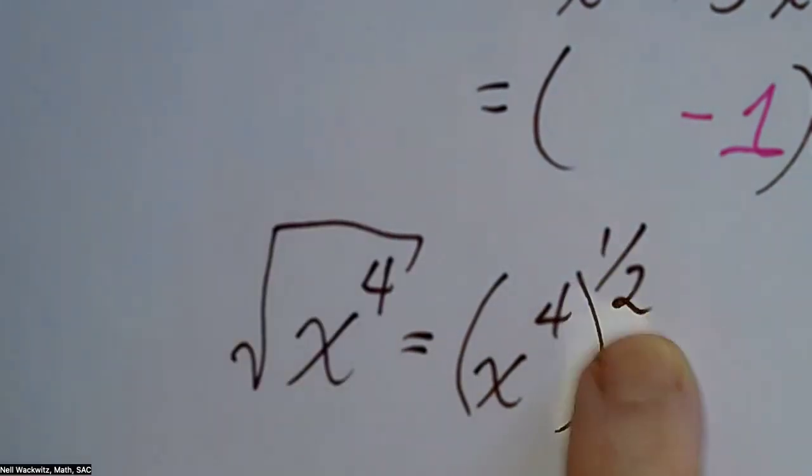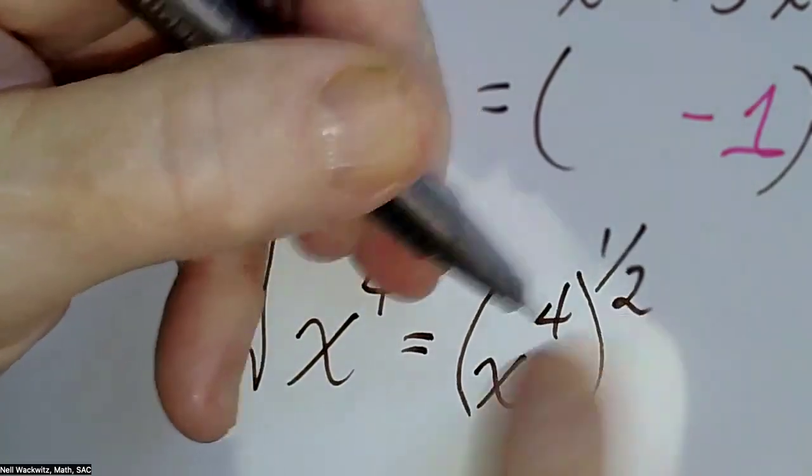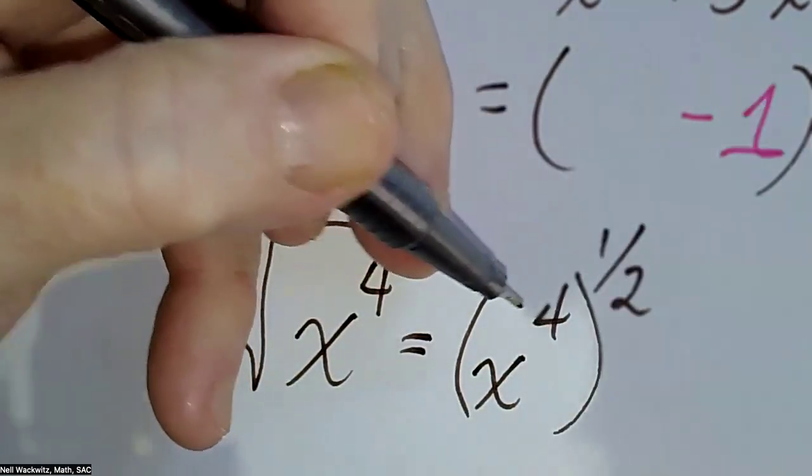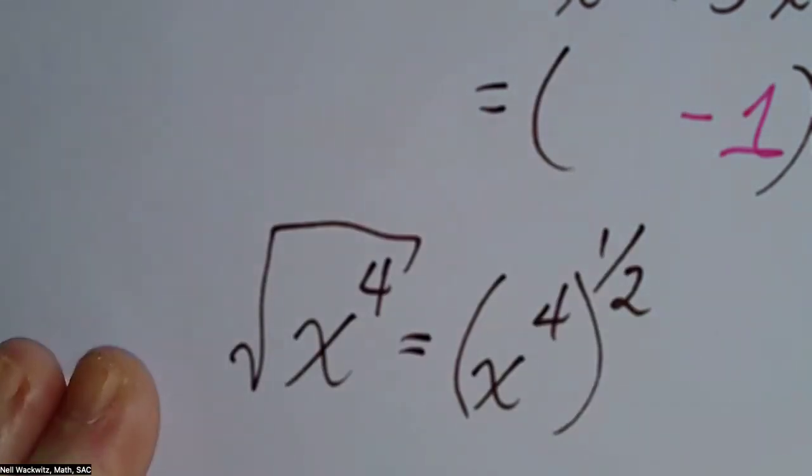Square root is the 1/2, the denominator that makes it a root. And when we have a base raised to a power, what do we do with powers? Add.